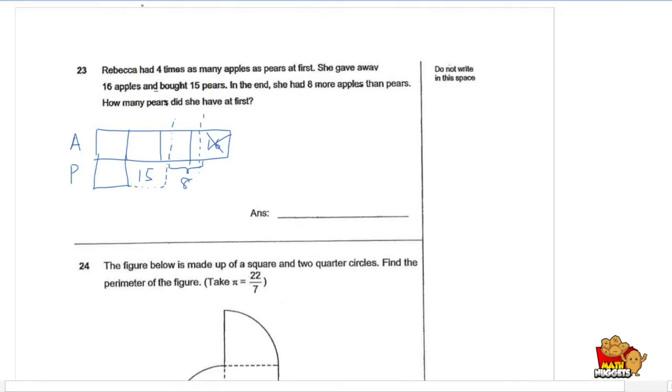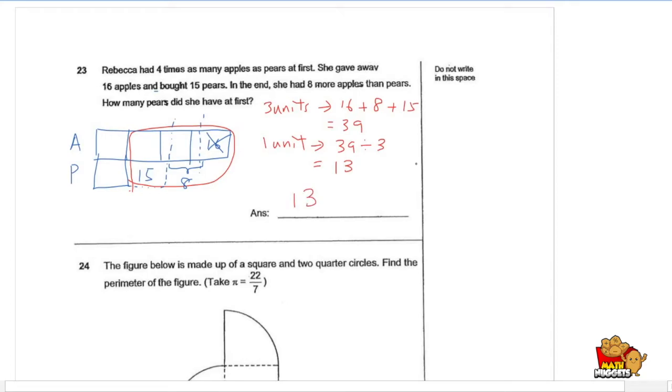So this tells us, look at this part here. 3 units would be 16 plus 8 plus 15, which is 39. 1 unit, we take 39 divided by 3, which is 13. How many pears did she have at first? At first, 1 unit of pear, which is 13.